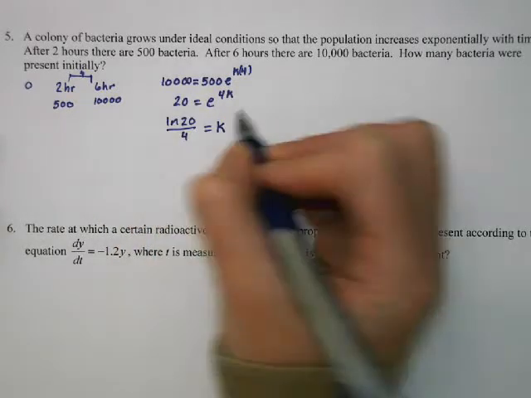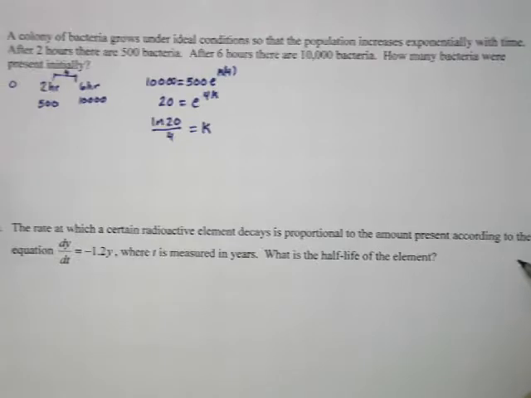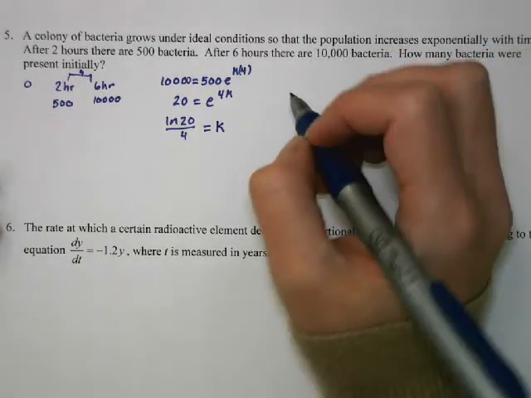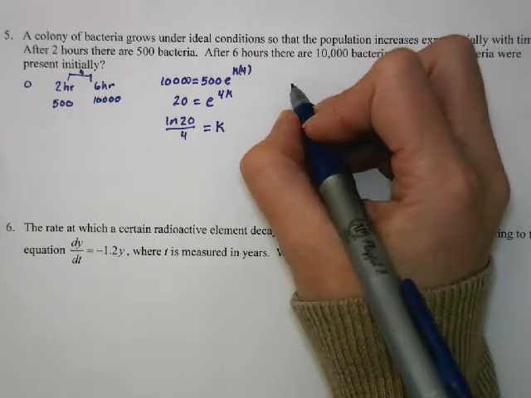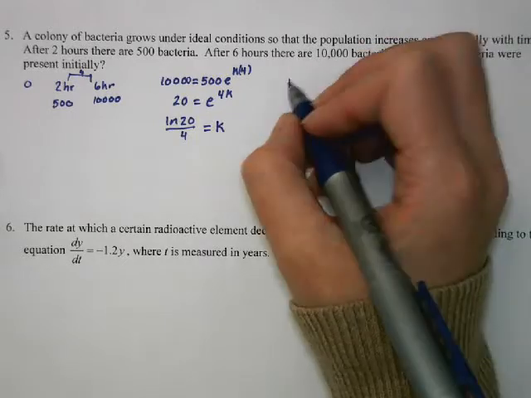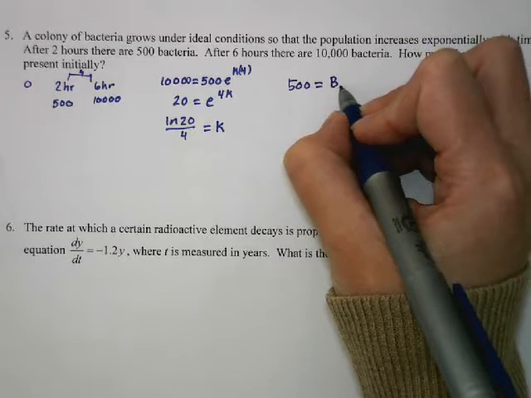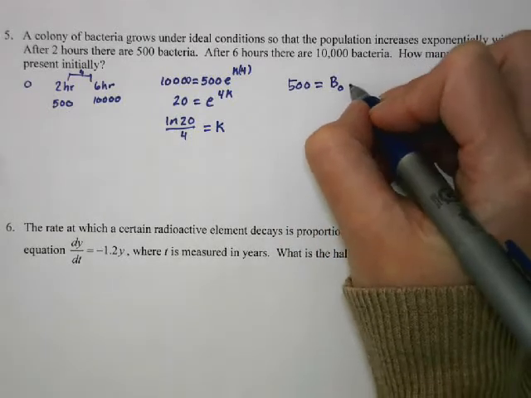So now to figure out the initial amount, I'm going to use either one of the things. I'm just going to use the 500. So I'm going to say 500 equals the initial amount that I don't know, e to the natural log of 20 over 4.